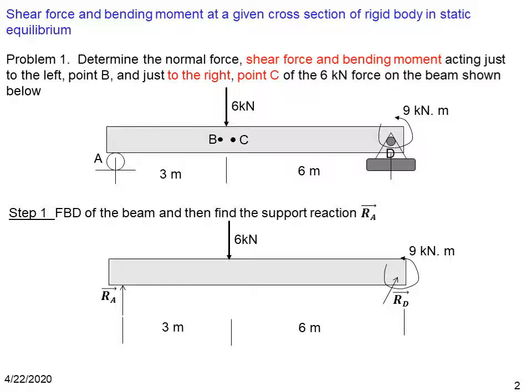Here, a normal reaction is acting at A because it is on a roller, and external force 6 kilonewton is acting at a point between B and C, which is 3 meters from A, and a force couple 9 kilonewton meter is acting at D, and the normal reaction RD, which is an inclined force whose magnitude and direction is unknown, is also shown in this free body diagram.